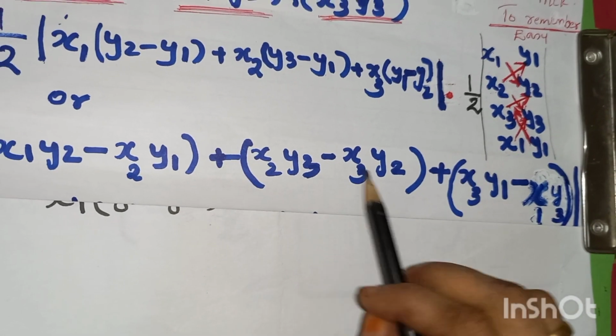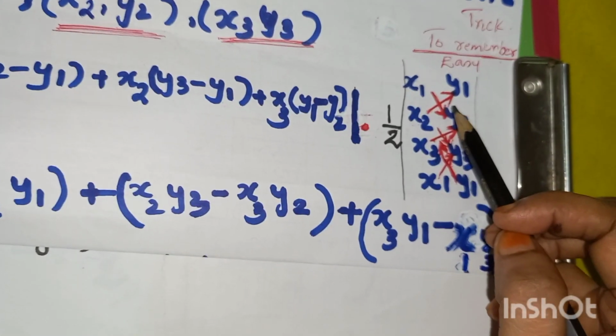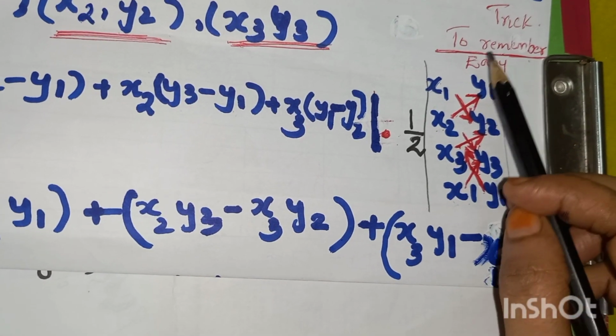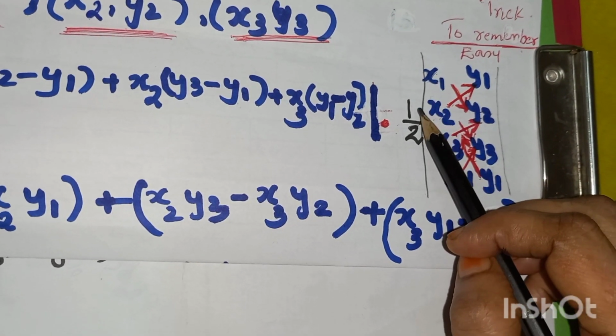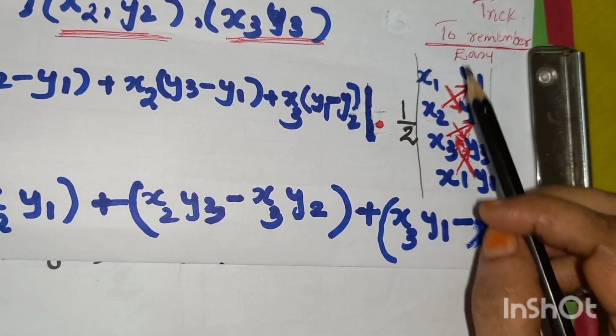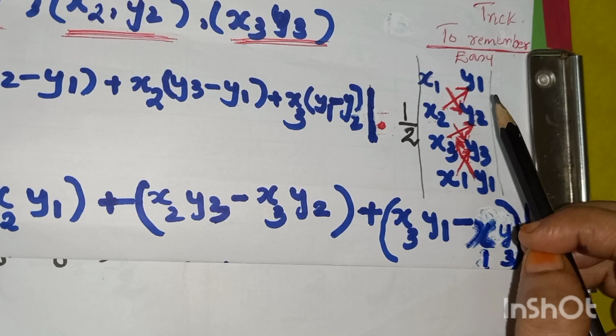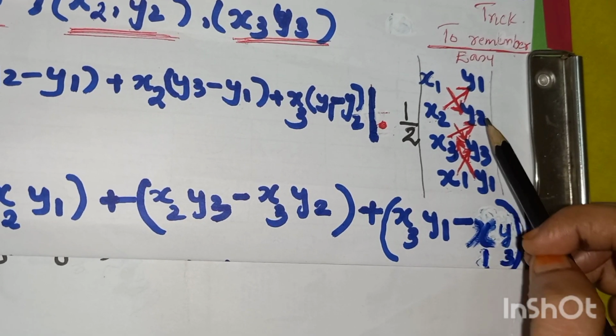So how to remember this formula easily? This trick you can apply here. First of all you have to write half into modulus of x1, x2, x3, x1. In a similar way we write y1, y2, y3, y1.